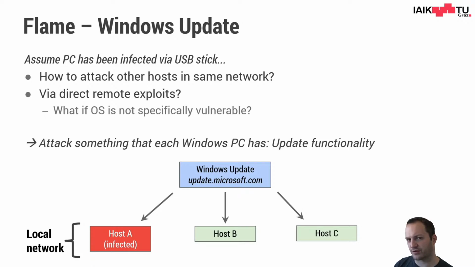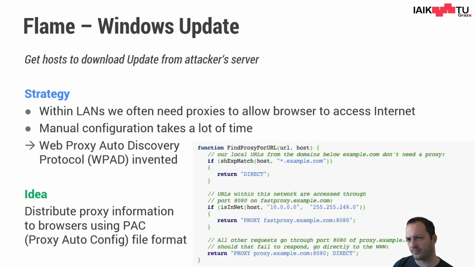Or trick computers into believing, well, I'm contacting this host anyway, so let's retrieve what it's sending me. So how do you do that? They got the hosts to download the update from an attacker server by pretending to be the Windows Update server.